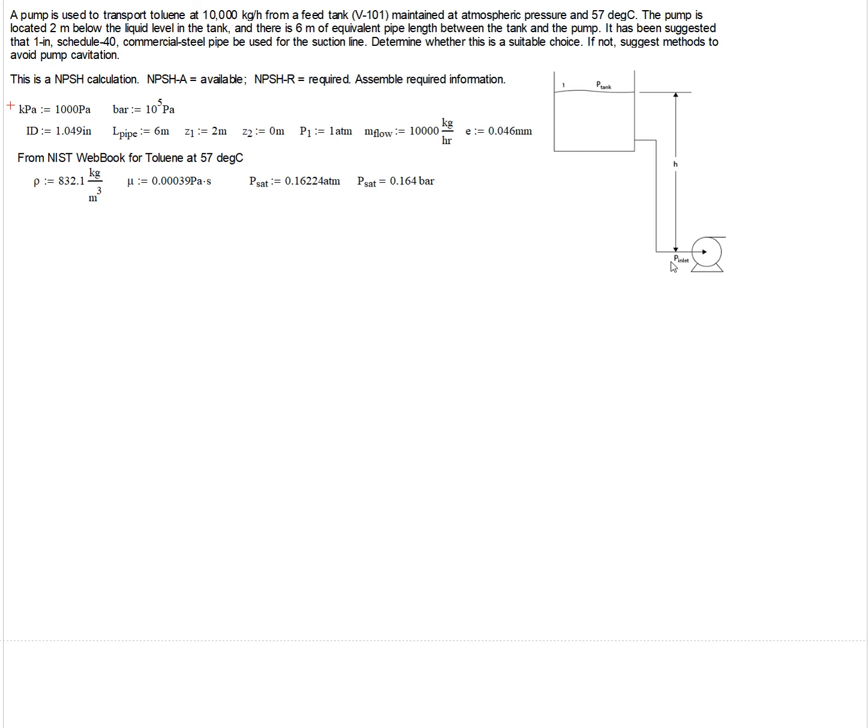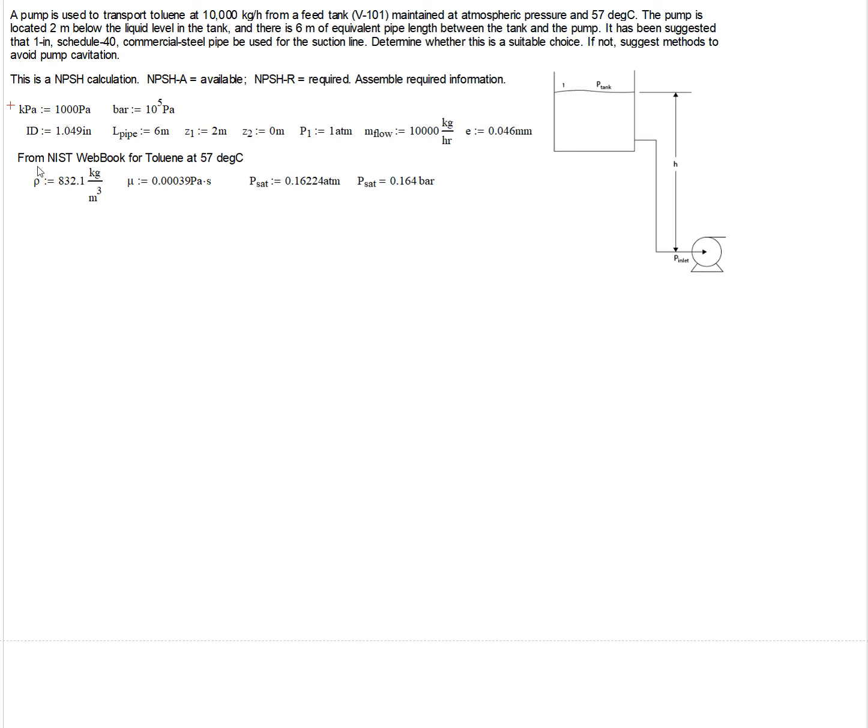If the pressure at the inlet is close to or below the vapor pressure, then you could get boiling and cavitation and severely damage your pump, and that would be problematic.